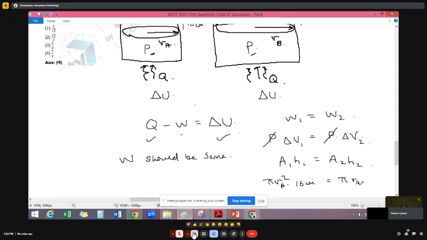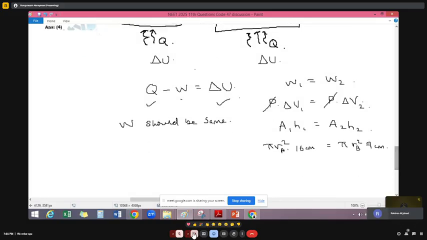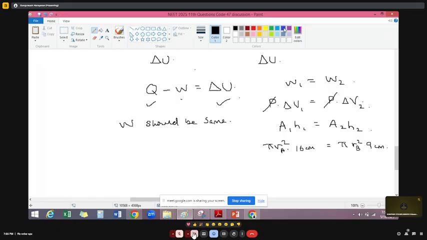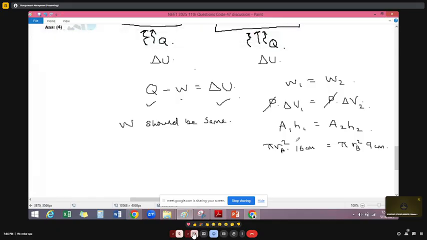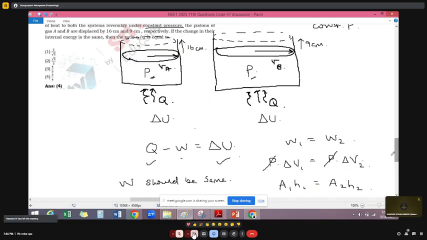Pi rb square, height is 9 centimeter. So RA by RB will become 3 by 4, because take the square root. So 3 by 4 will be your answer.